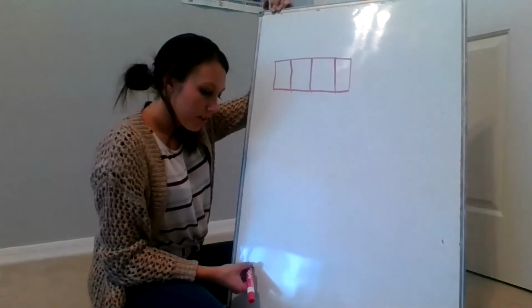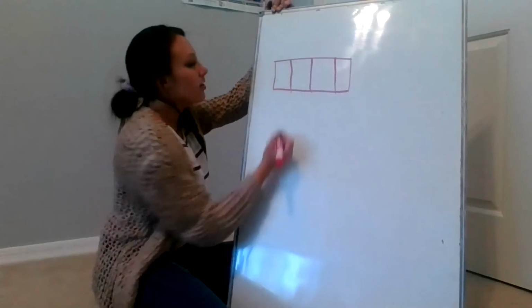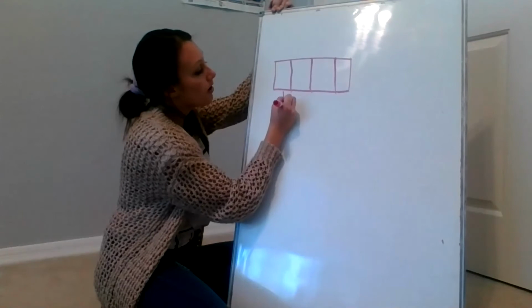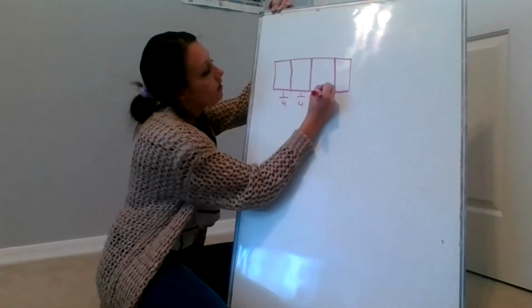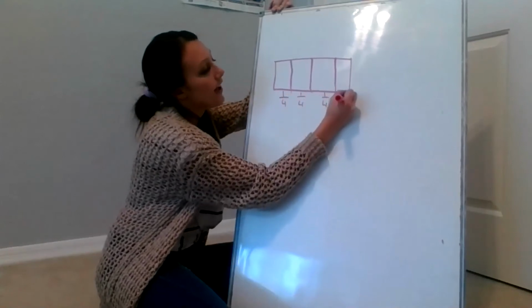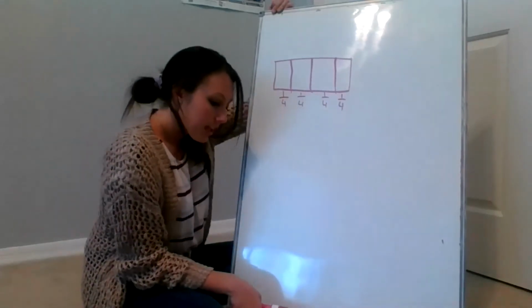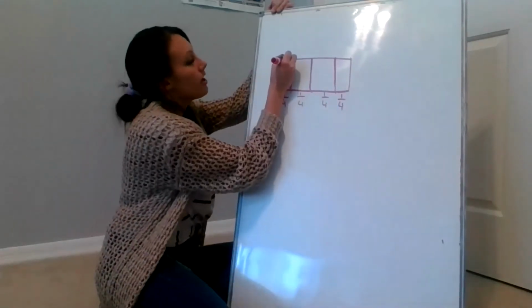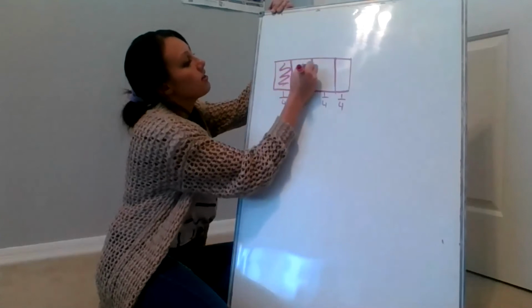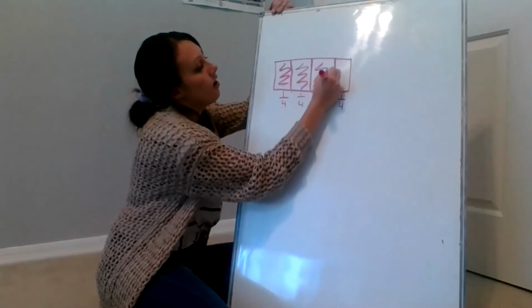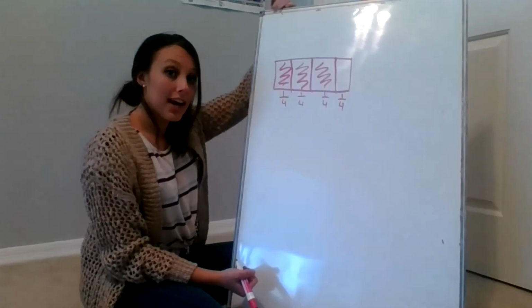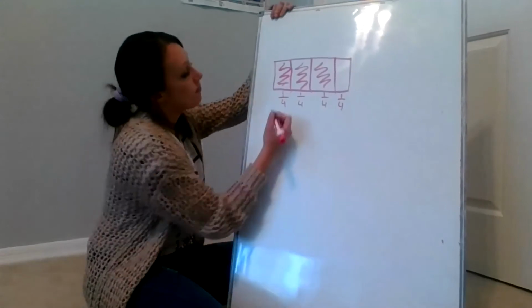From here, we're going to label each of our sections. We're going to say that we have 1/4, a quarter, another quarter, and then a final quarter, just like that. From here, if I shade in 3 of these sections, how much of this diagram do I have shaded in? Well, let's see.